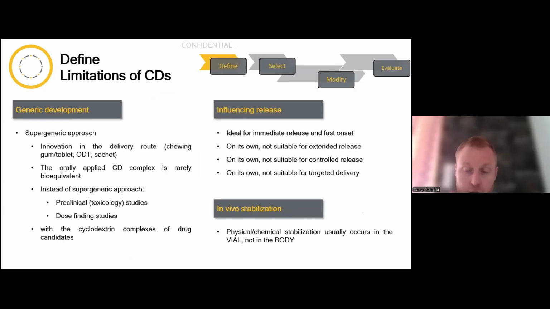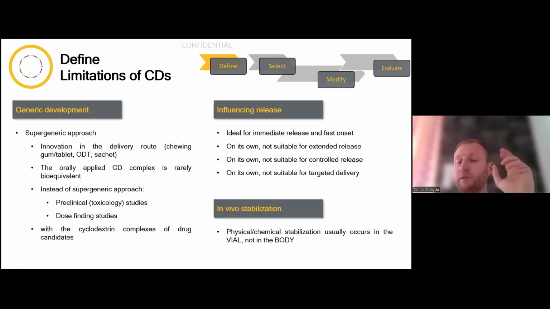So what are the limitations? There are a few that we have to talk about. So there are two main groups, or maybe three main groups of limitation. The in vivo stabilization I just talked about. So first limitation, maybe to mention, is about the release. We mentioned that cyclodextrins are ideal for compositions where the goal is to have a fast onset formulation.